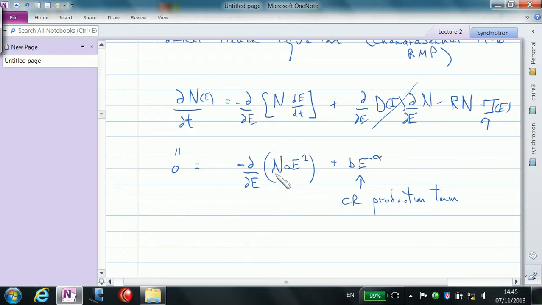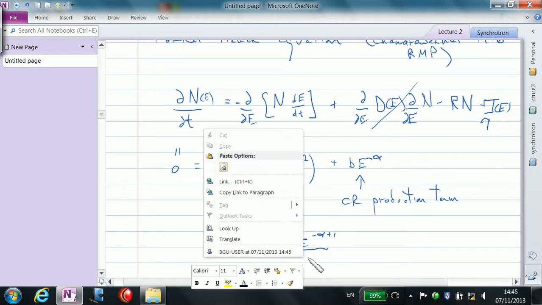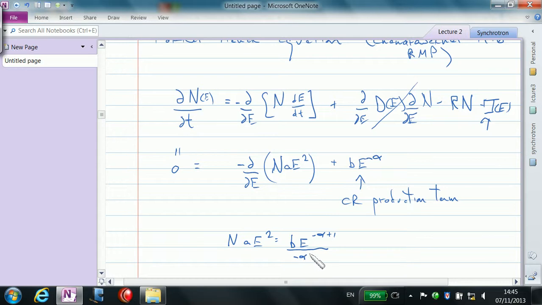And if this is significant and it balances this, then you know that n times A E squared is equal to B E to the minus alpha plus 1, and I'm integrating with respect to E. So it's minus alpha plus 1.